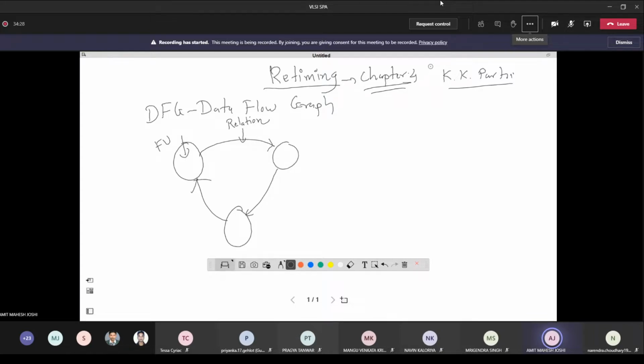Any functional unit can be represented by a node. And how these functional units are connected, that means how the data flows from one node to another, is nothing but the connection between the blocks. That is represented by these edges.